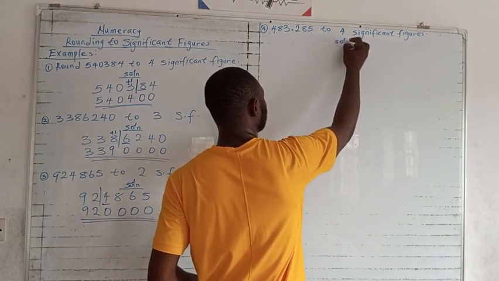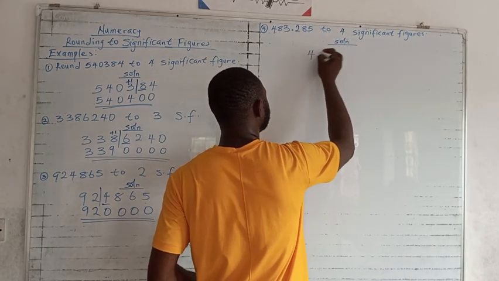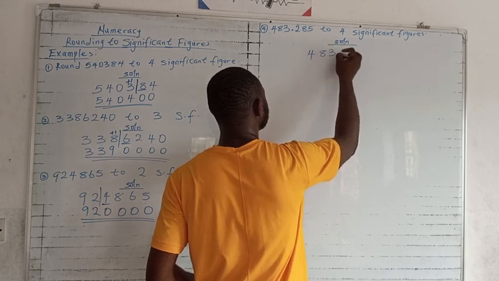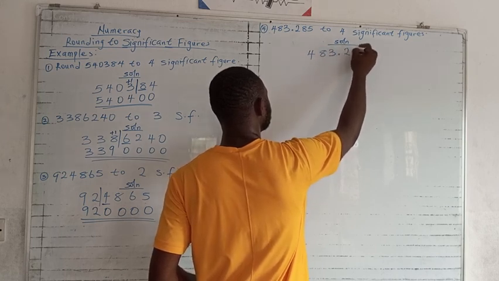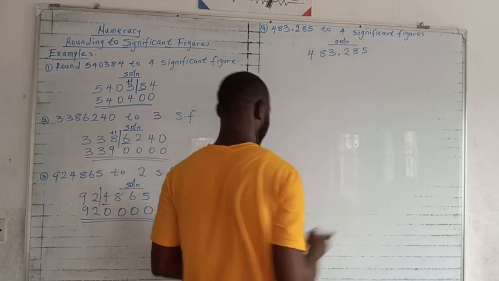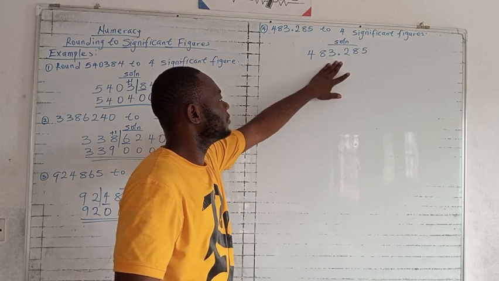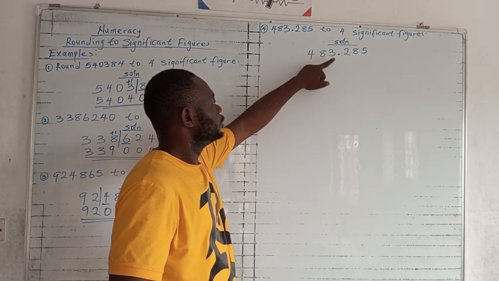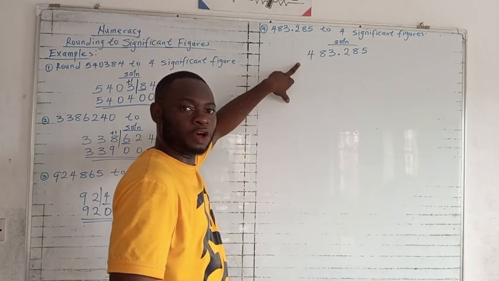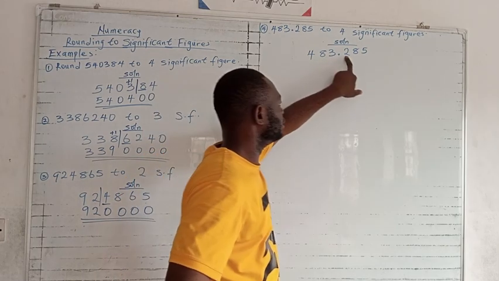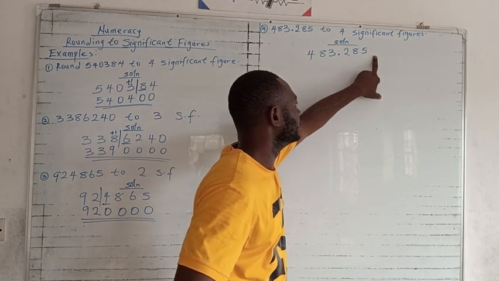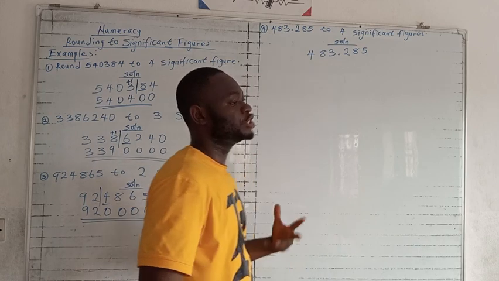Solution. So here I have 483.285. Now, if you watch, you see that this is a decimal number where the whole number parts are non-zero numbers, while the decimal value parts are also non-zero numbers.